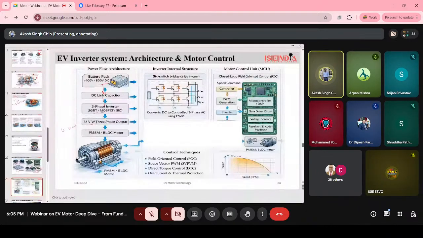Then comes the PMSM BLDC motor. This is the flow architecture. You can see how the MCU gives power flow to the motor. Then the second one is our inverter internal structure. Here you can see six switching bridges.